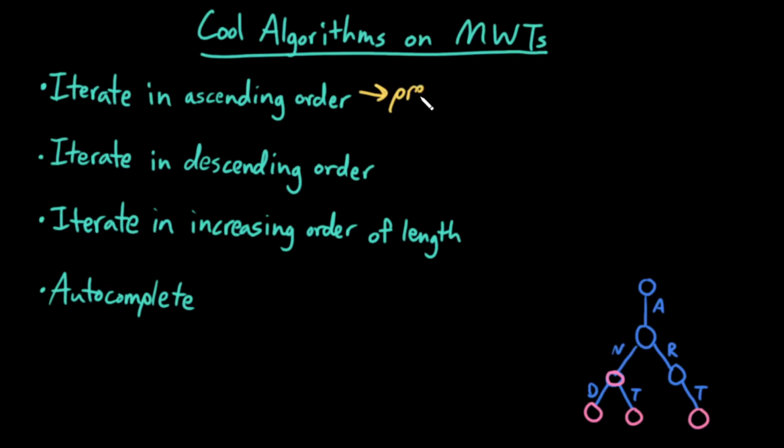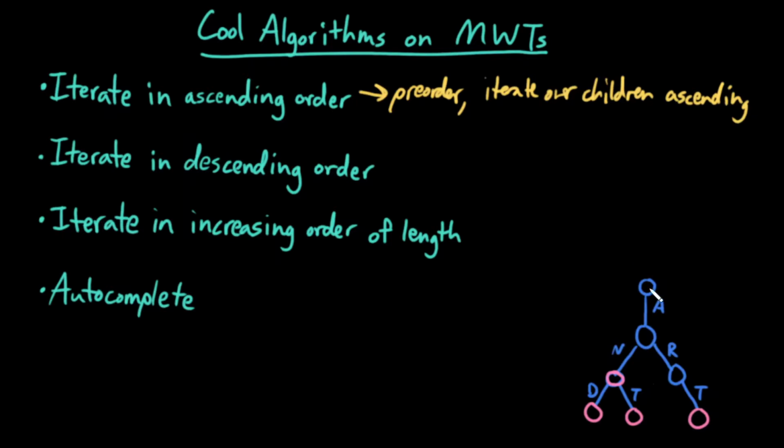All I have to do is traverse via a pre-order traversal where at any given node, if there's multiple children, I would iterate over the children in increasing order as well.